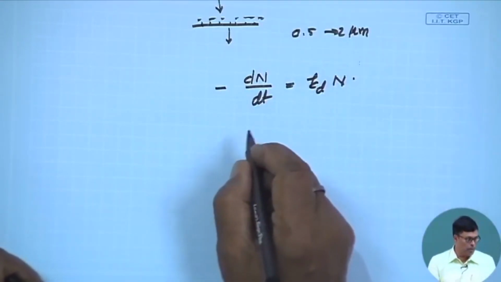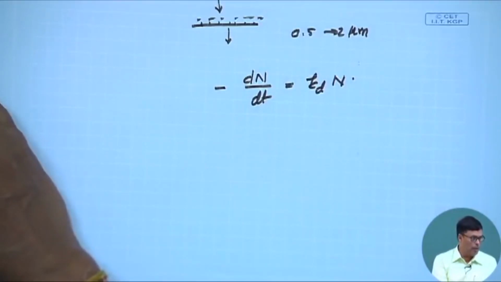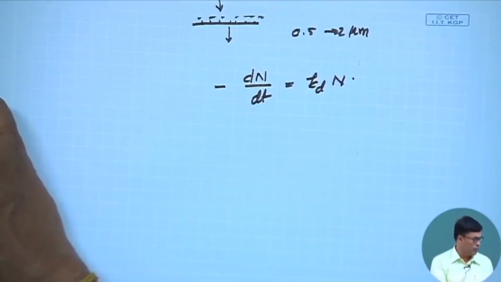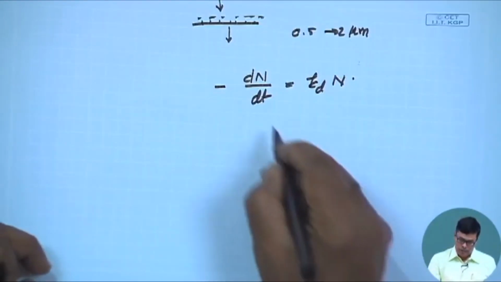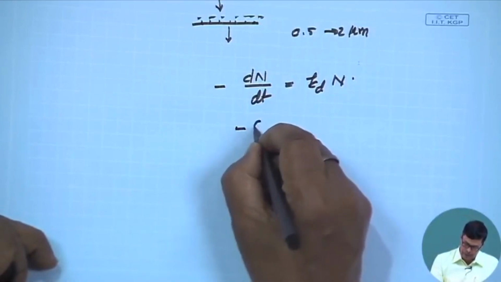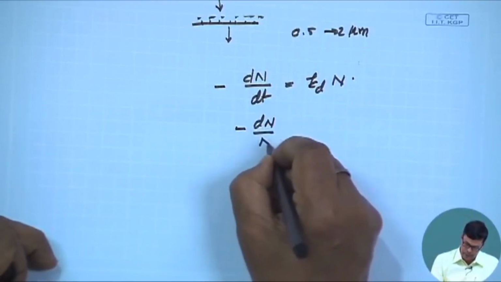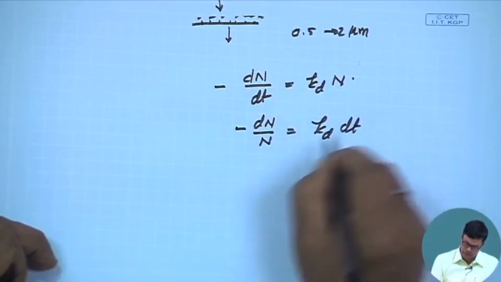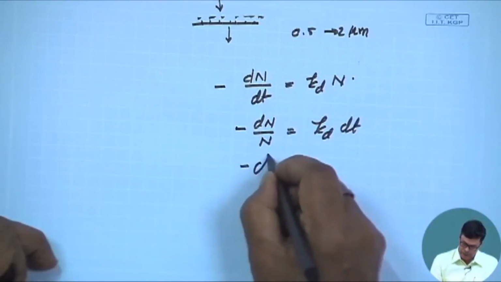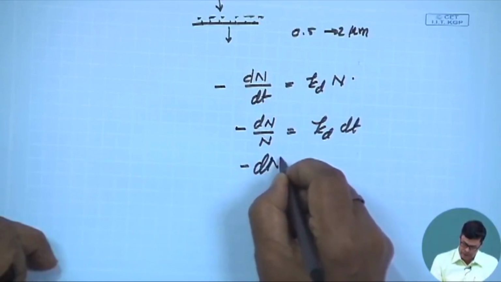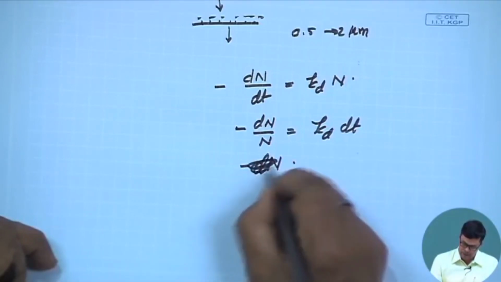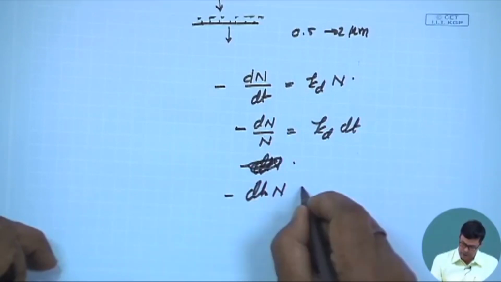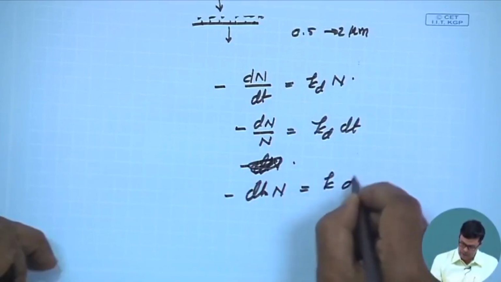Now what we can do is write minus dN by N equals kd into dt. This is d ln N with a minus sign equal to kd into dt.